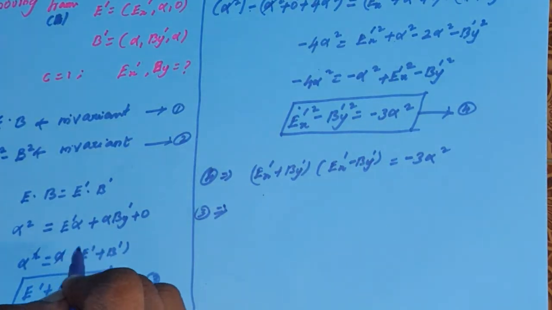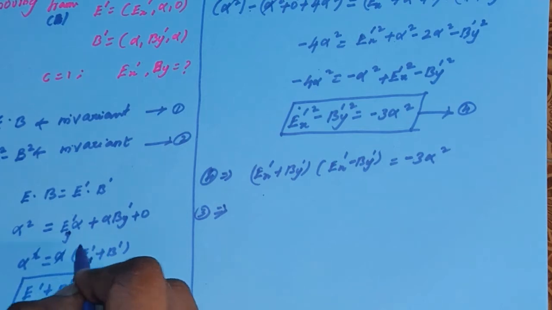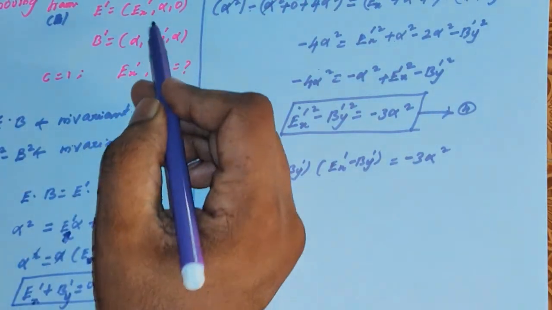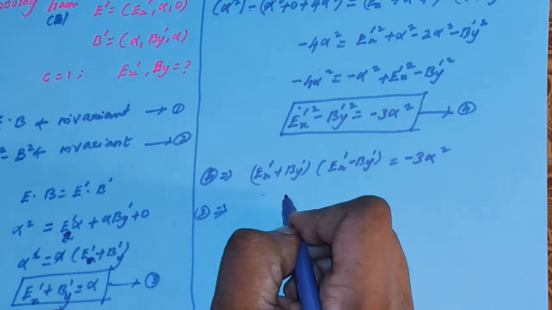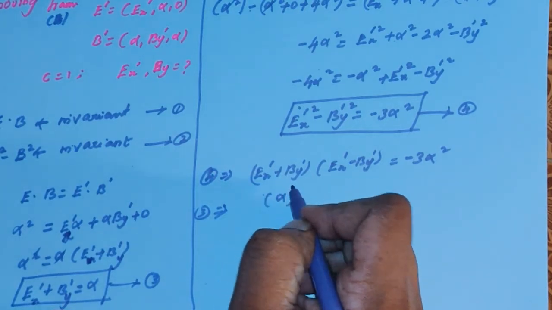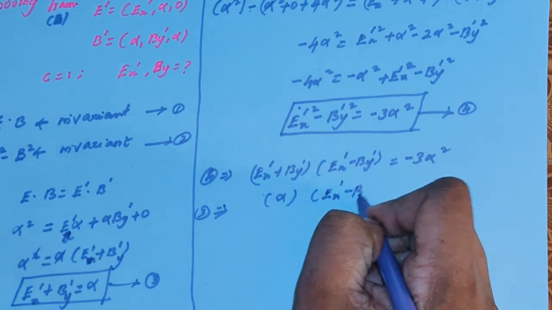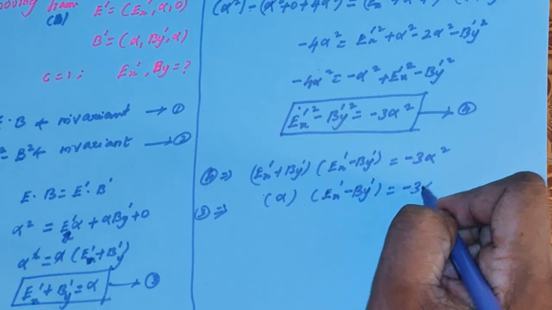Here actually we forgot to put Ex, By prime in this equation. Yes, we have to be careful while solving the problem. So Ex prime plus By prime is alpha, so we are substituting alpha here, multiplied by Ex prime minus By prime equal to minus 3 alpha square.